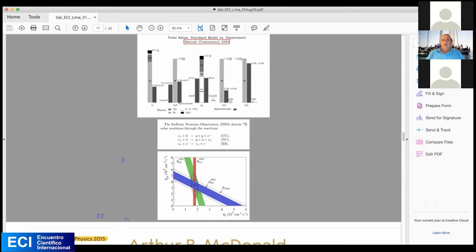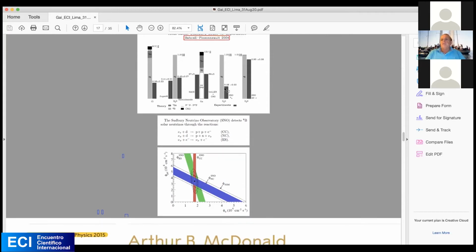But here on Earth, it sees only 1/3 electron neutrino. So clearly, on the way from the sun to the Earth, something happened to the neutrino. They oscillate from one type to the other. And that was a discovery that allowed us to conclude the neutrino has a mass.